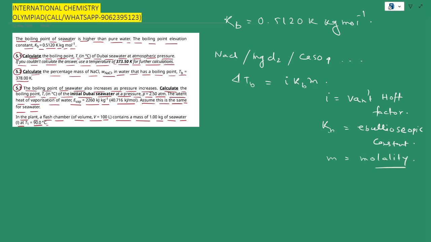So delta Tb is i into Kb into m. This is a very important formula.